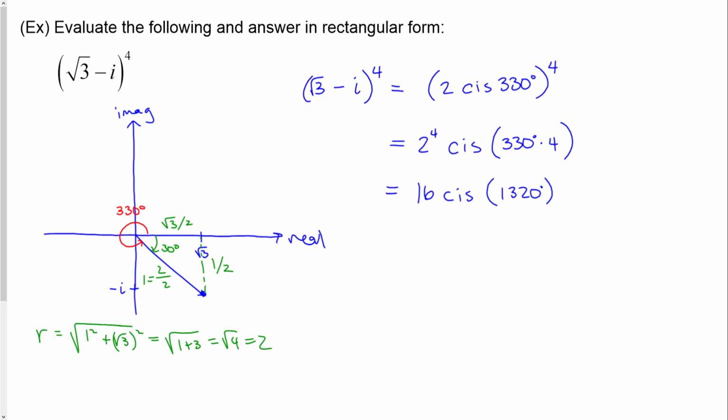Well, 1,320 degrees is not in our standard range. So if you look for something coterminal to that, all you would have to do is just take 1,320 minus 360 until you get to something that's within the range that we use. And you will arrive at 240 degrees.